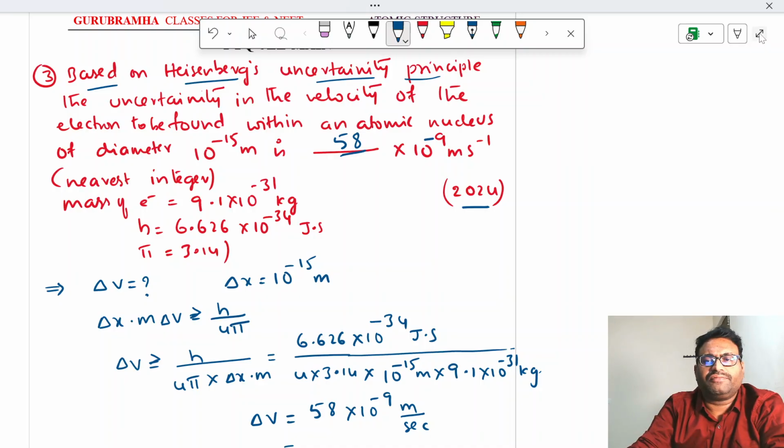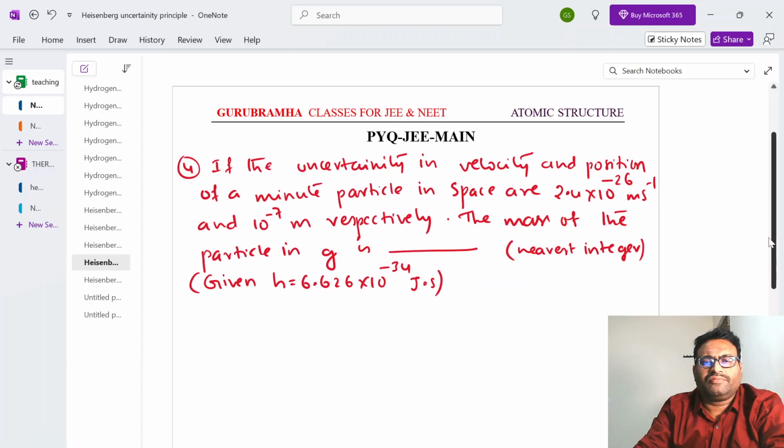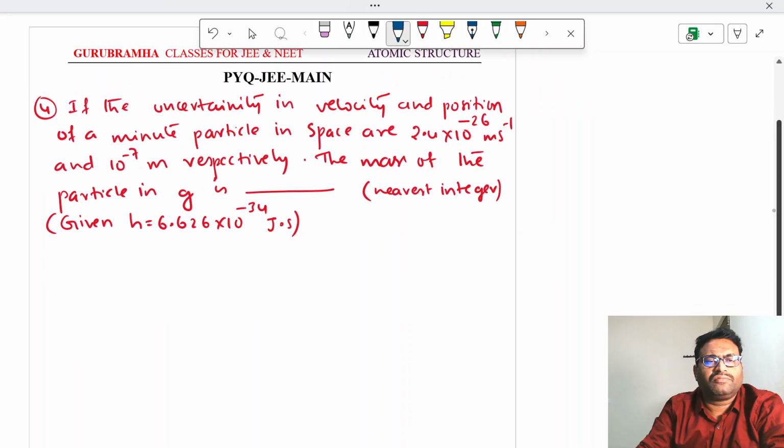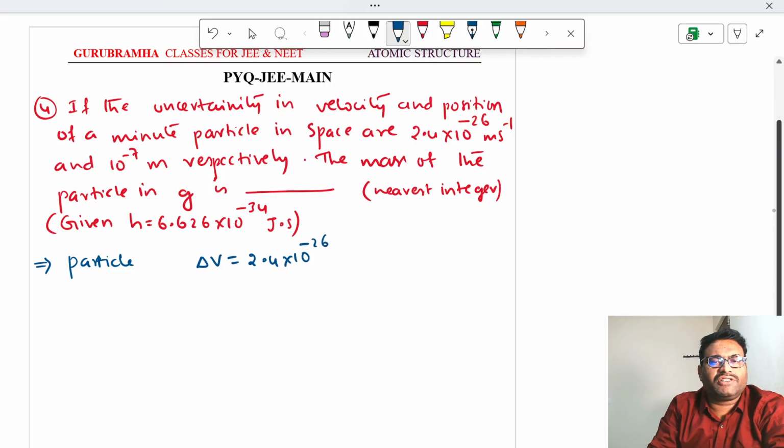Let us see the next question. If the uncertainty in velocity and position of a minute particle in space is given, this particle's uncertainty delta V is given as 2.4 into 10 power minus 26 meters per second, and delta x is also given.